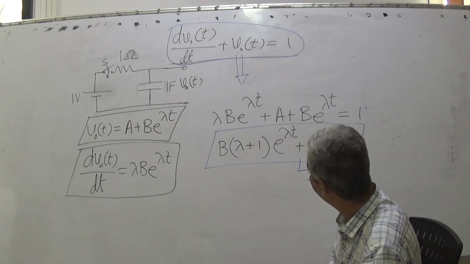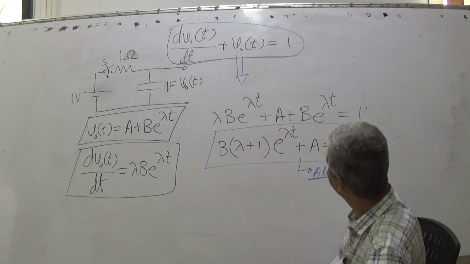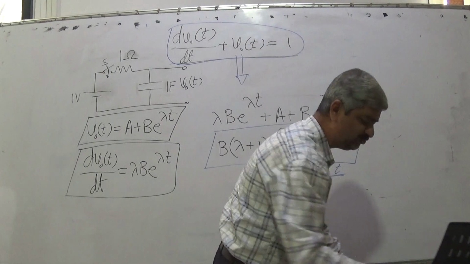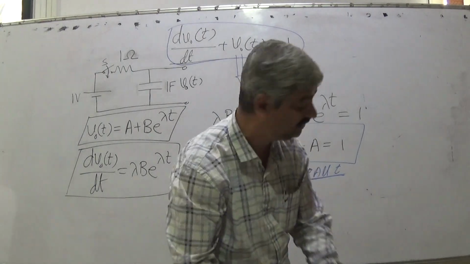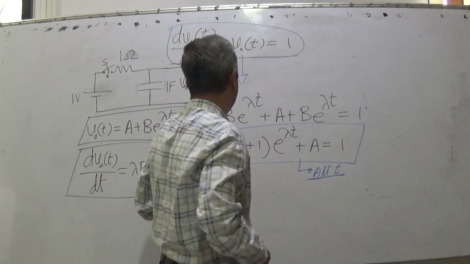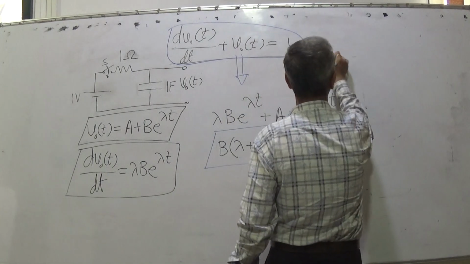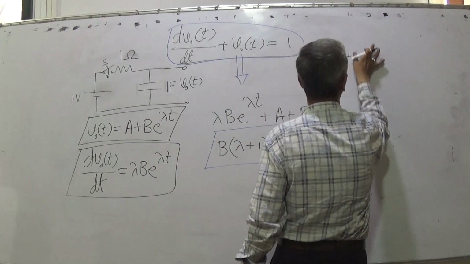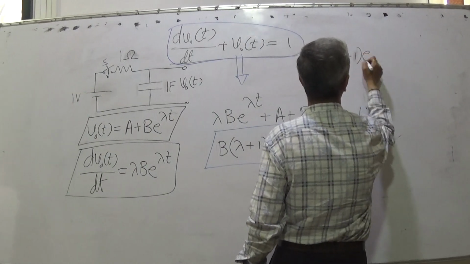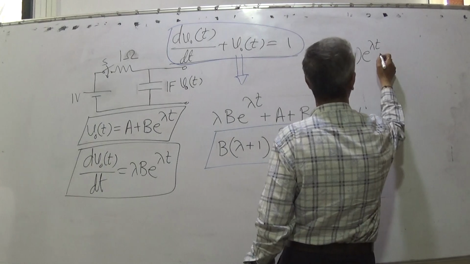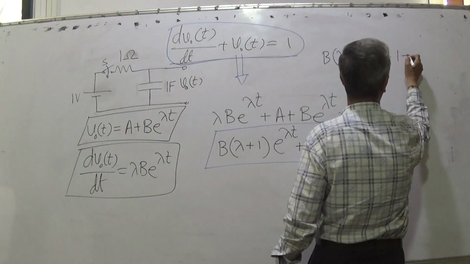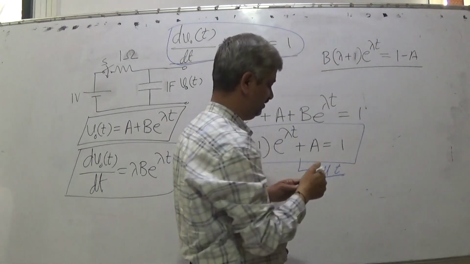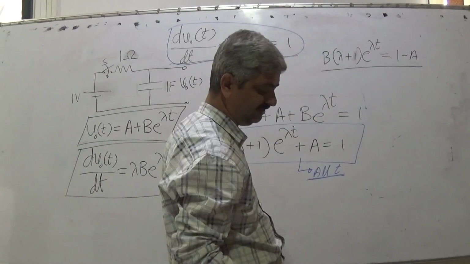Now I'm trying my level best to ensure that the solution comes from within you. So I will just rearrange: B into lambda plus 1, e raised to lambda t, must be equal to 1 minus A. Right? I have just rearranged it.